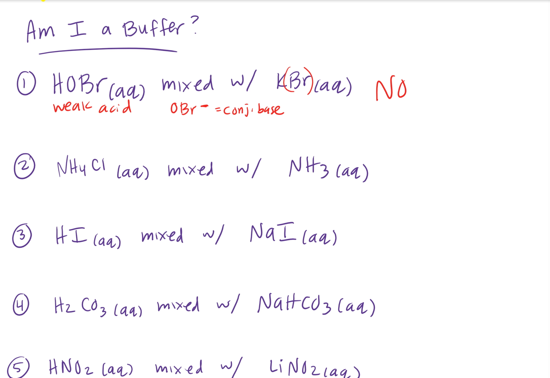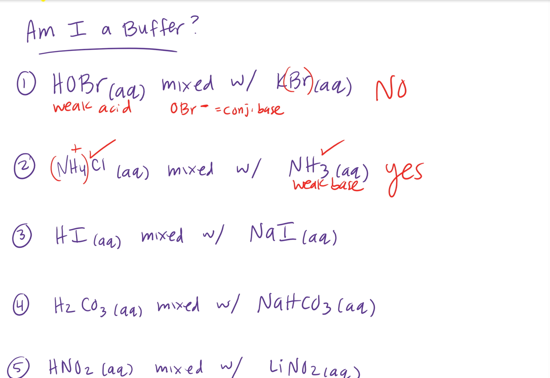Number 2, I got ammonium chloride, and I'm mixing it together with ammonia. So I'm looking here, ammonium chloride, that's a salt. It contains some ammonium ion. Is ammonium, NH4, the conjugate of NH3? That's a weak base. Yes, NH4 is the conjugate acid of the weak base ammonia.